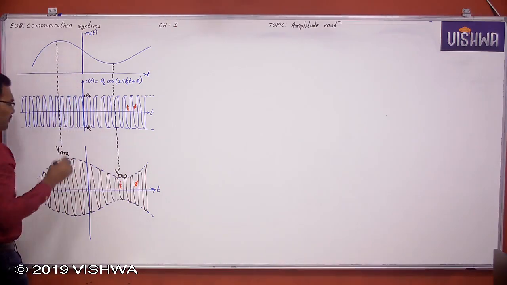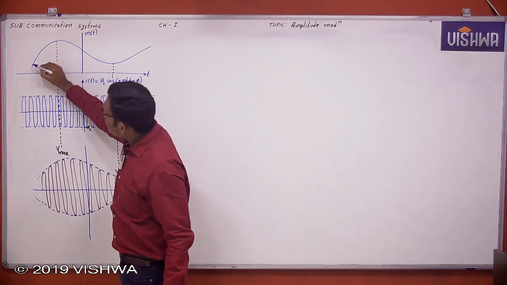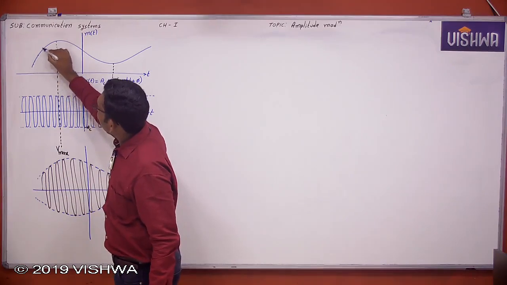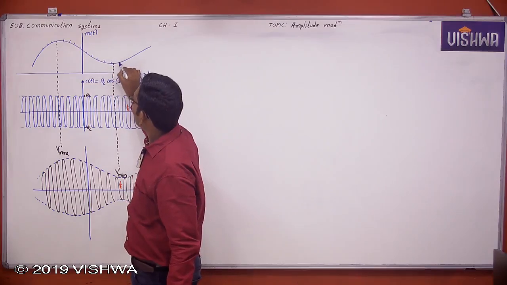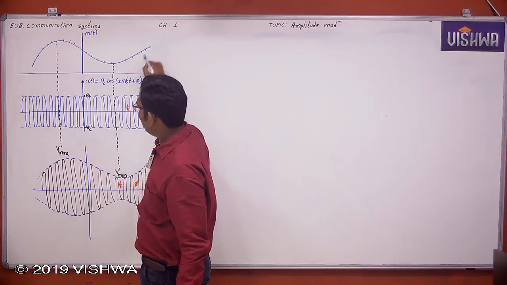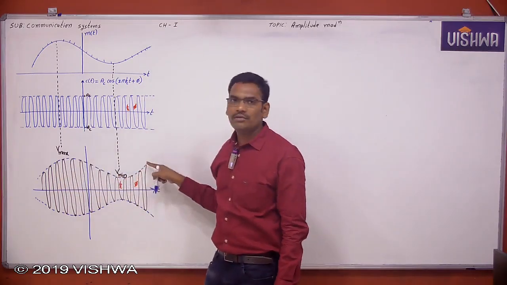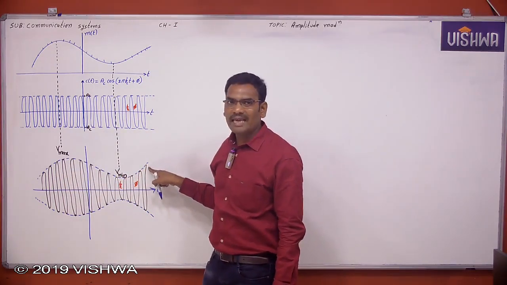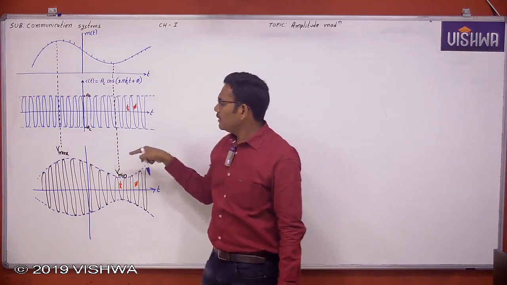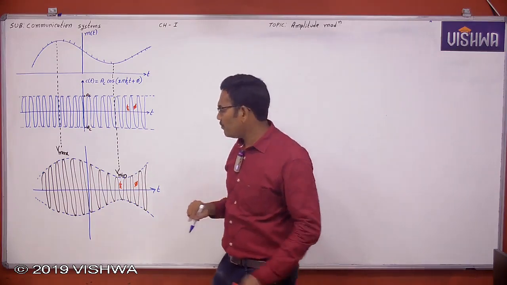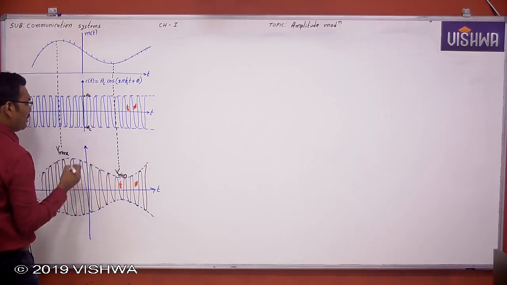Everywhere the message signal amplitude is changing, therefore everywhere the carrier amplitude also changes. The amplitude of the carrier is varied in accordance with the amplitude of the message signal, therefore this modulation is named amplitude modulation.